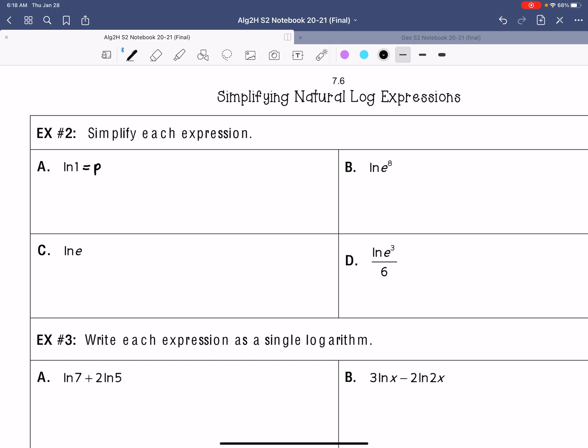My base is e, my power is p, and my answer is 1. So I'm asking myself, e to what power equals 1? Well, e to the 0 power equals 1. So I'm looking for p, so that means p has to be 0. So this is equal to 0.